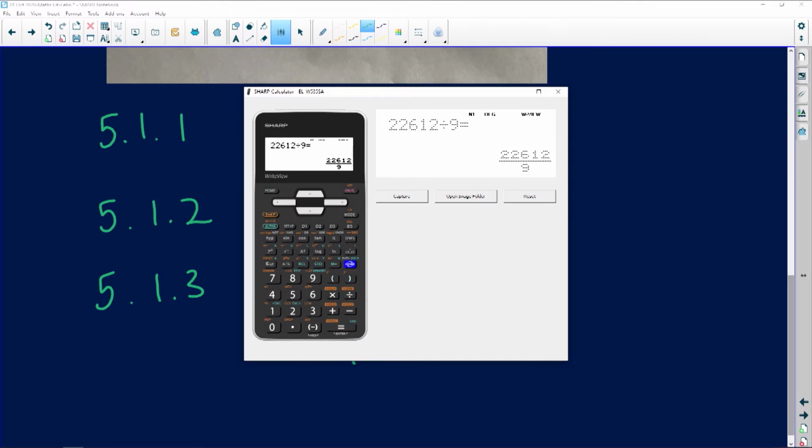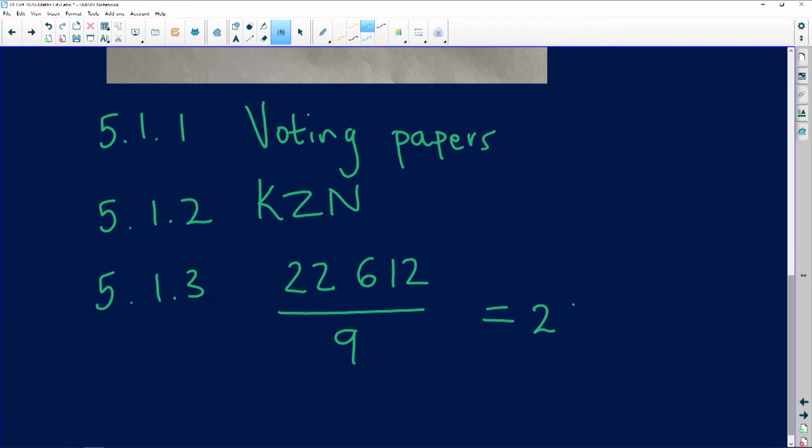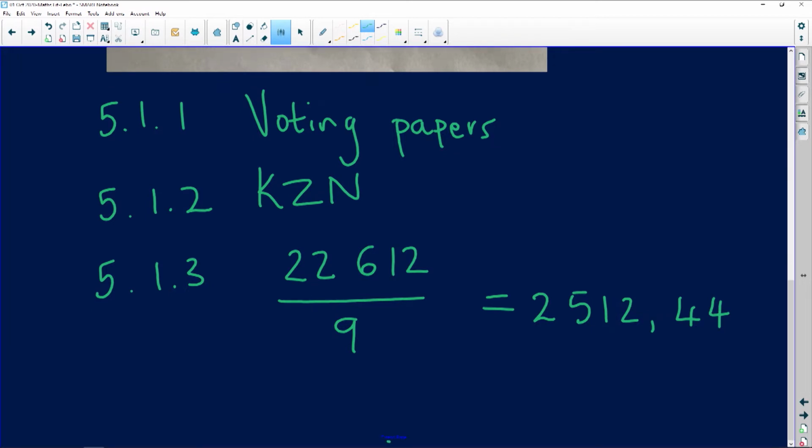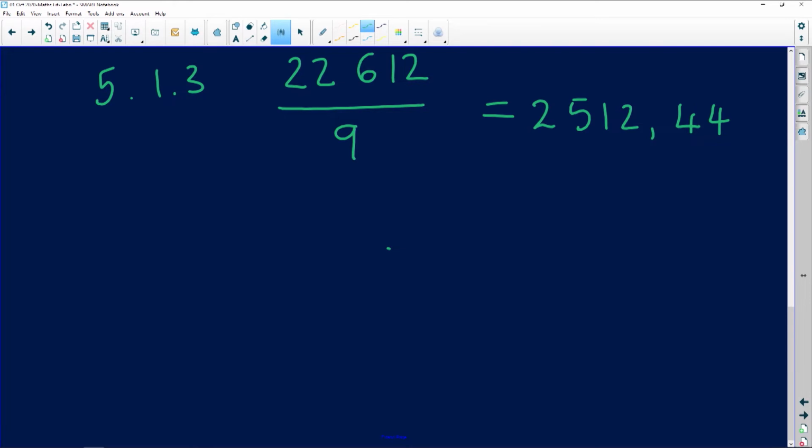That gives us 2,512.4. So I'm going to round that off to 2 decimal places. That's going to be my mean. That's going to be my average. That's the average of the voting stations that we have.